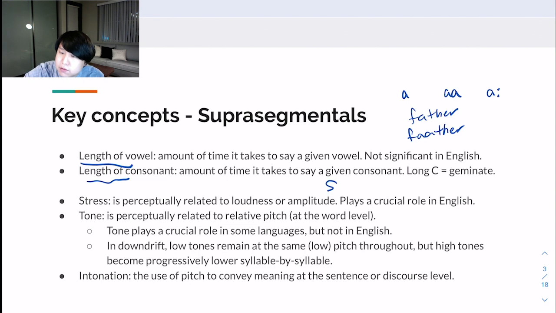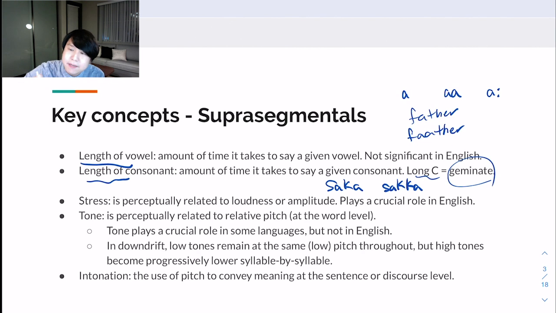For example, saka is a slope in Japanese. In English, there's no difference between having one K or two Ks, but in Japanese, saka and sakka are two different words. The second one means an author. And this long consonant is also called a geminate.